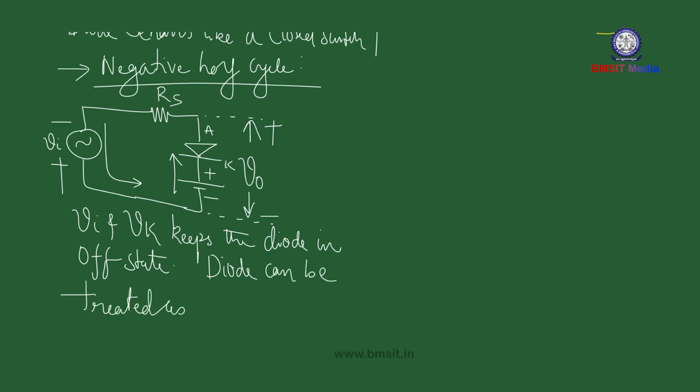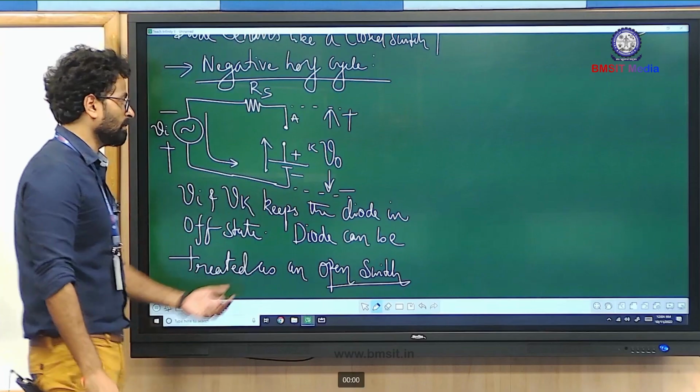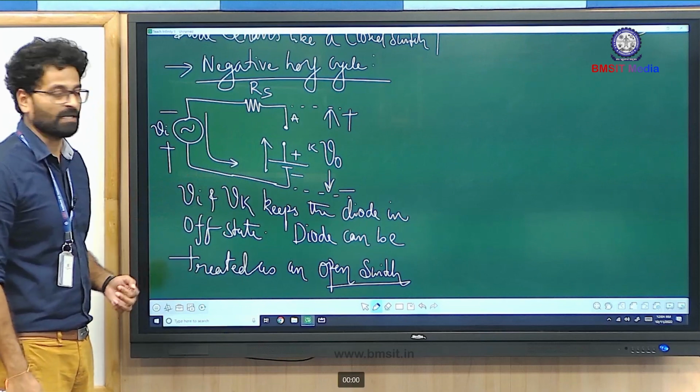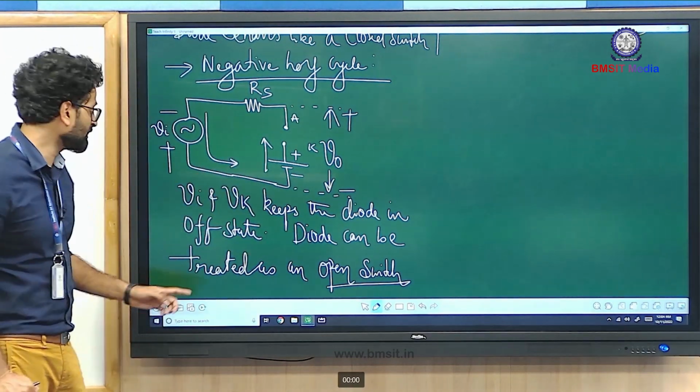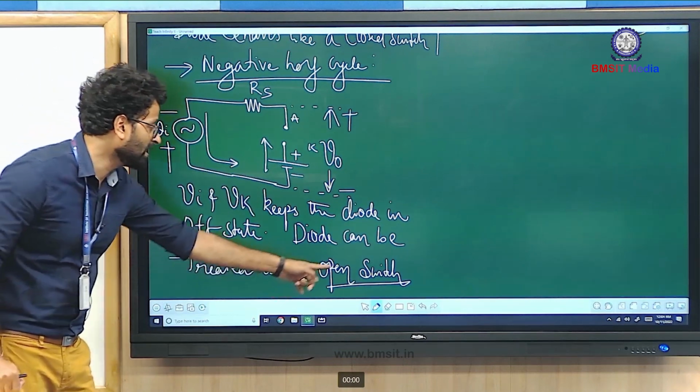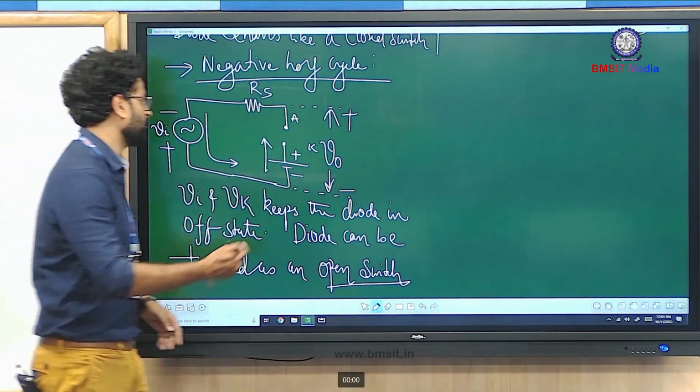So the diode can be treated as an open switch. Over here itself I have done the modification. What I have done is removed the diode. On what basis? Because the diode needs to be treated as an open switch. So we have opened the diode terminals.